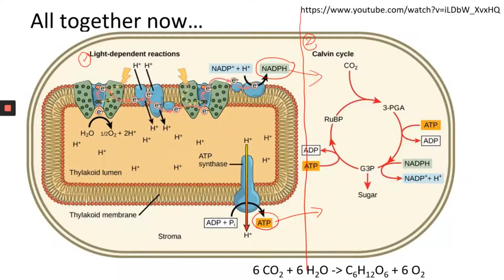All right, and then when you start the Calvin cycle, the carbon dioxide just comes from the air. Okay? That's all the 3 things you need to make a glucose, and then that's a cycle, right? So you start from here, you make sugar, and then some of the raw materials will go back, okay? And then you can do this cycle as many times as you can. All right, so that's the photosynthesis process.